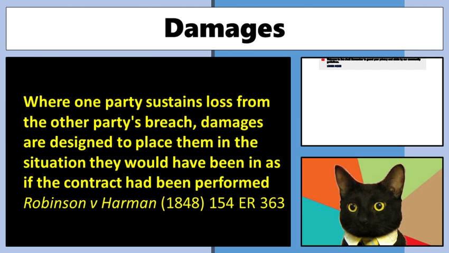If I'm buying 100 boxes of ice creams off Jackie, and she doesn't deliver them, and I was going to sell those ice creams to one of the cruise ships for 10 times what I was paying for them, what's the position I would have been in? 10 times that amount.